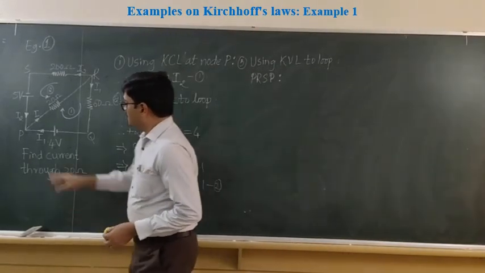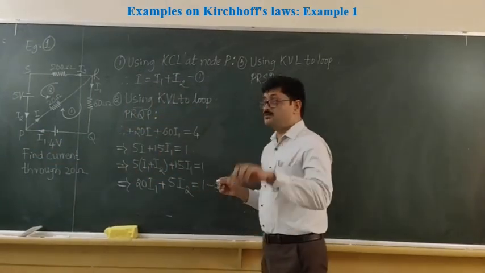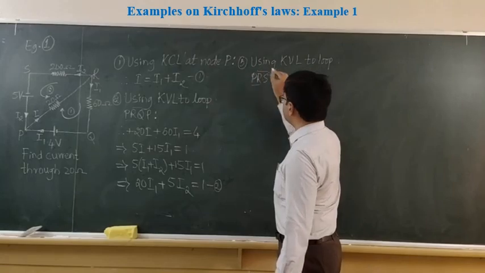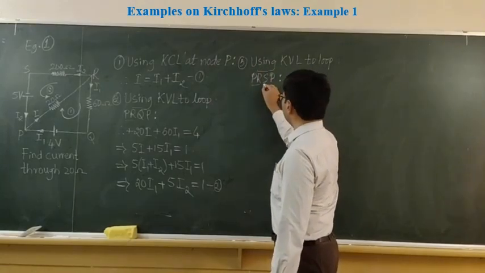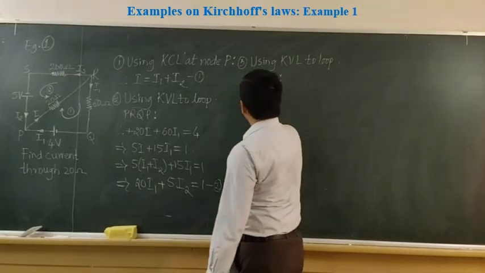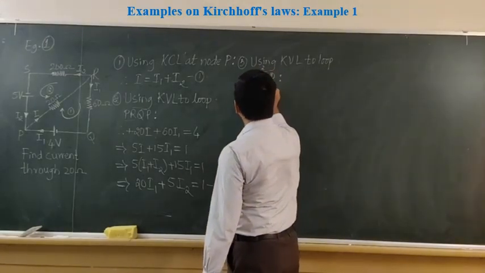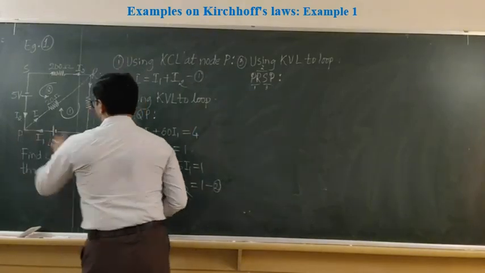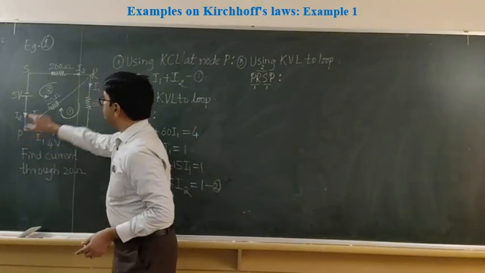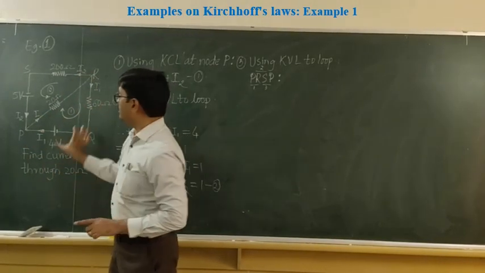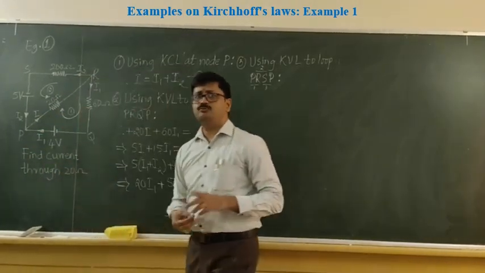And again, here observe my dear students, P to R is the first path, then R to S is the second path, the third path is S to P. Right? So hence we will follow this particular path only. So accordingly, for P to R, the direction of travel is P to R, the direction of current I is again from P to R, therefore the potential difference across 20 ohm should be what?